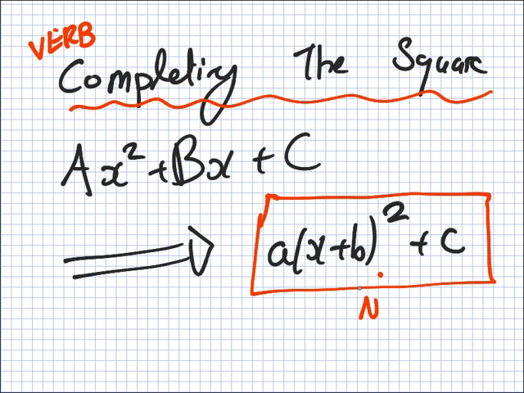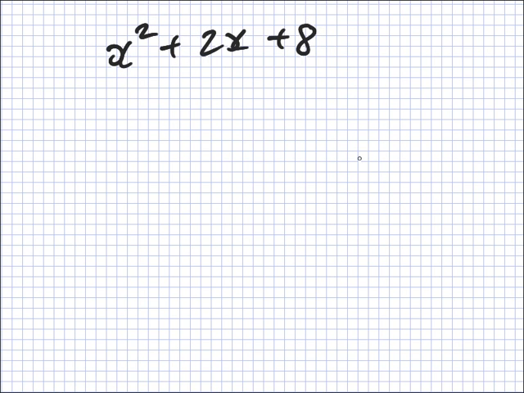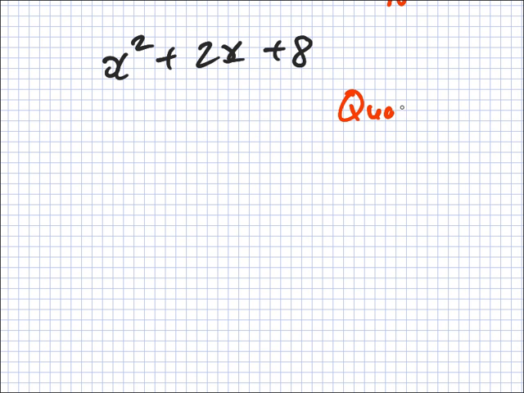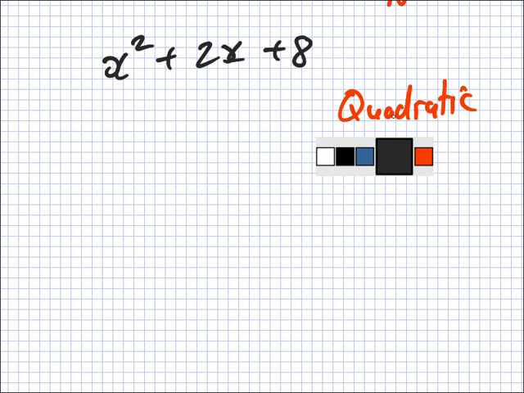Now, let me show you how to complete the square. So let's take, for example, x squared plus 2x plus 8. These examples are the easy ones to do because they start with the number 1. Oh, and these equations are also called quadratic. Does anybody know what you call the quadratic that starts with the number 1?